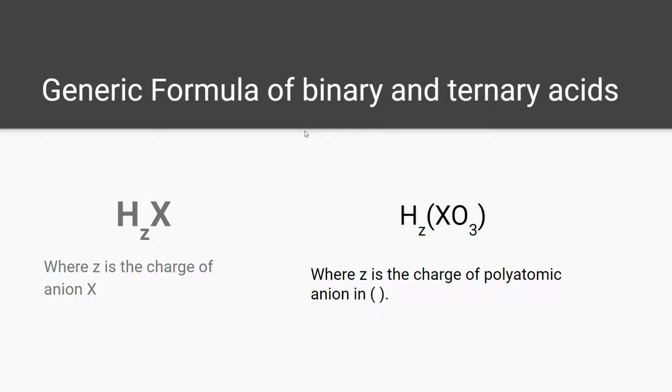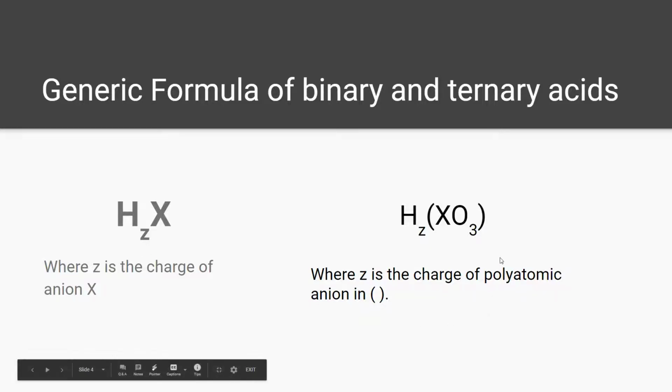Generically, the formulas of both binary and ternary acids are listed on this slide. A binary acid has the general formula HZX, where X is a monoatomic or single element anion that has a charge of Z. The formula is generated by doing ion crisscross.